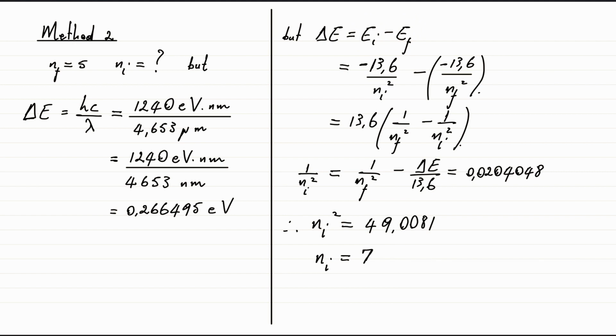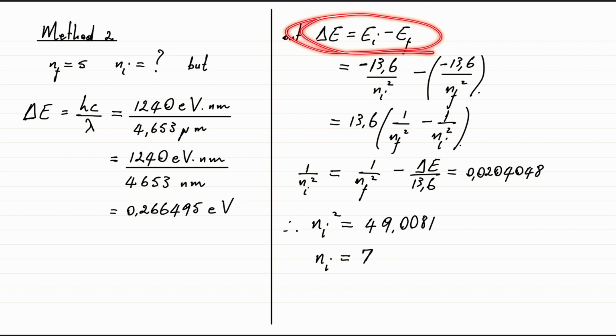That's when you're emitting, because we know that the initial energy is going to be larger than the final when you are emitting a photon. So when we say delta, we really mean the larger energy minus the lower energy. So I think that's where the mistake crept in class.